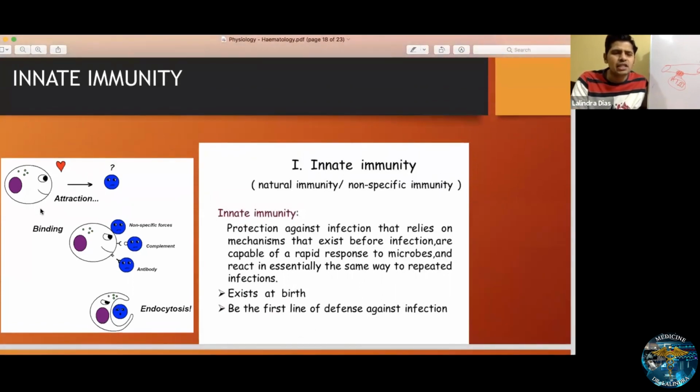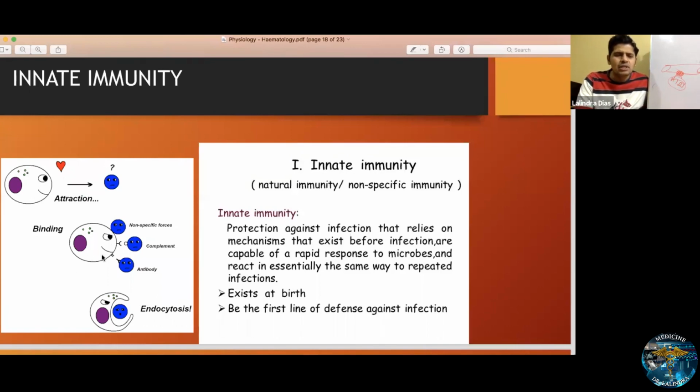You can see here. It's a nice, beautiful picture. It explains everything. So you can see here macrophage is waiting, and here is the foreign substance. So foreign material, maybe a bacteria, maybe a virus. So the neutrophil gets attracted to this site. So there's attraction.